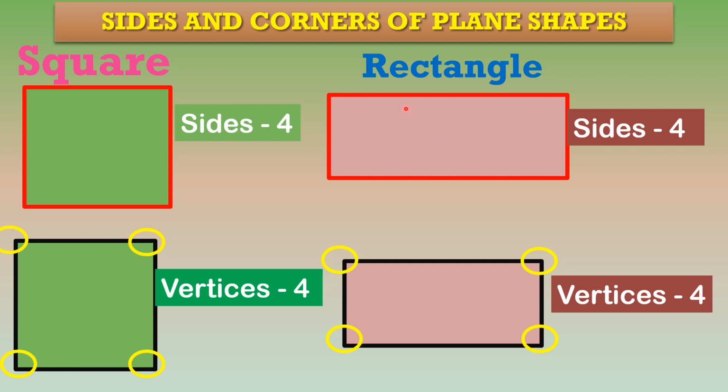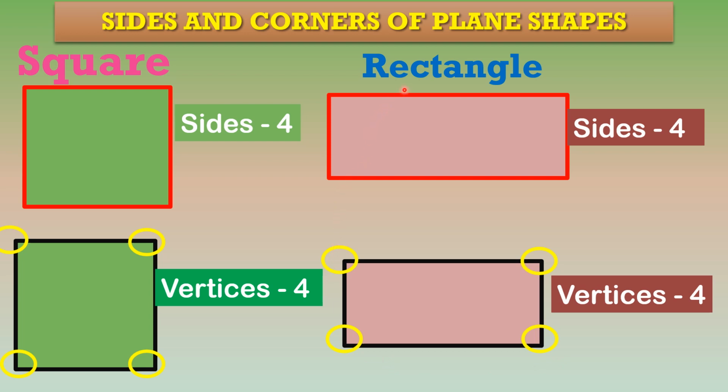So let us count the sides of rectangle. 1, 2, 3, 4. Now let us count the corners. 1, 2, 3, 4. Hence, rectangle has four sides and four corners.